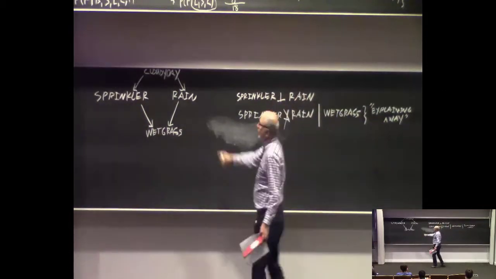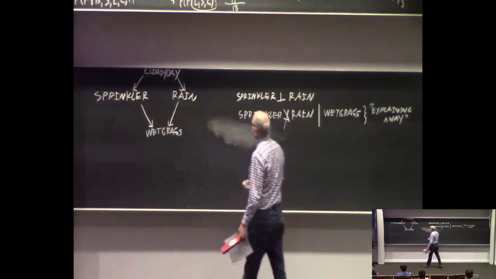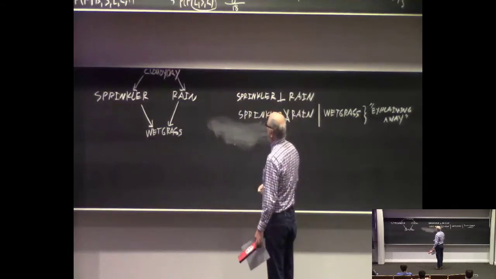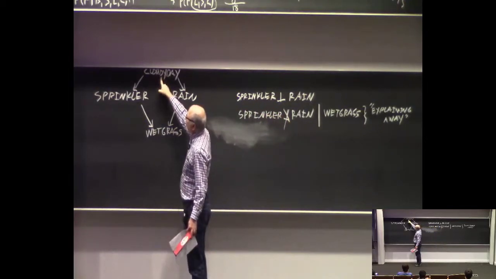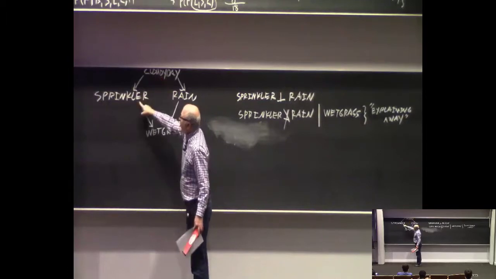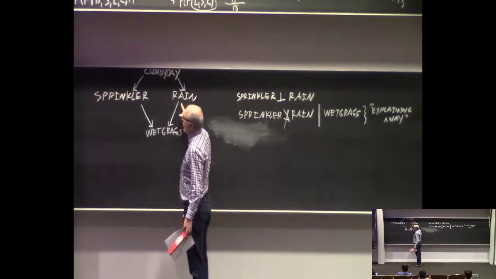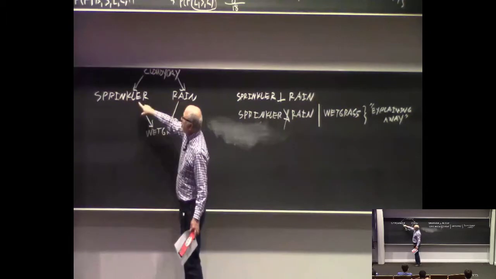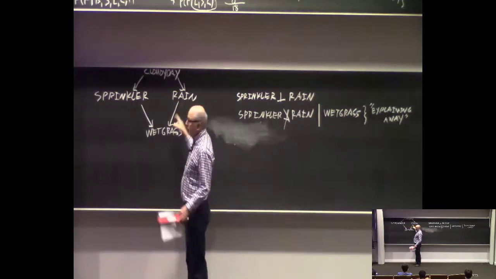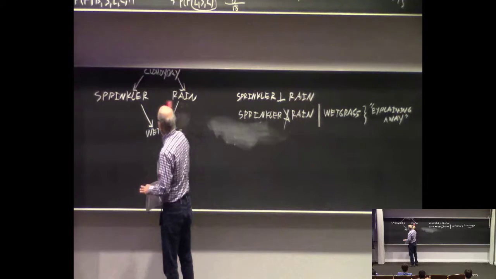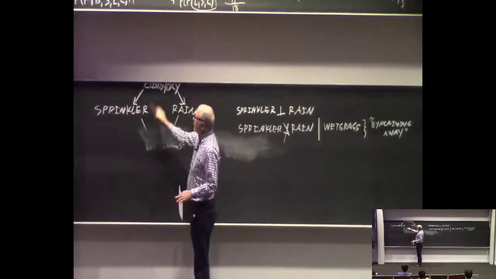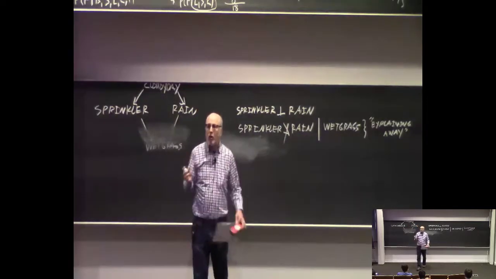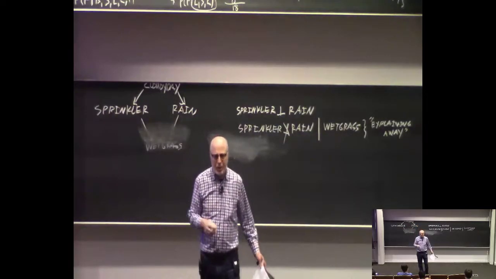Now let's look at these relationships. In fact, because whether it's cloudy or not affects both of these, we have reason to believe now that these two are dependent on each other. Right? So I'm going to ignore this story and just focus on this story. Because they have a common cause, when things have a common cause, they tend to lose their independence.